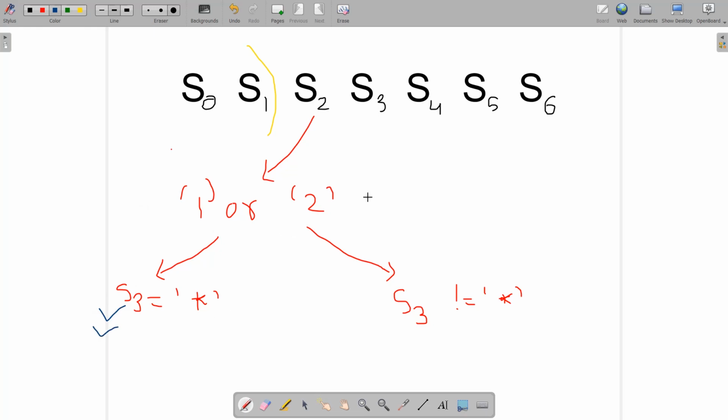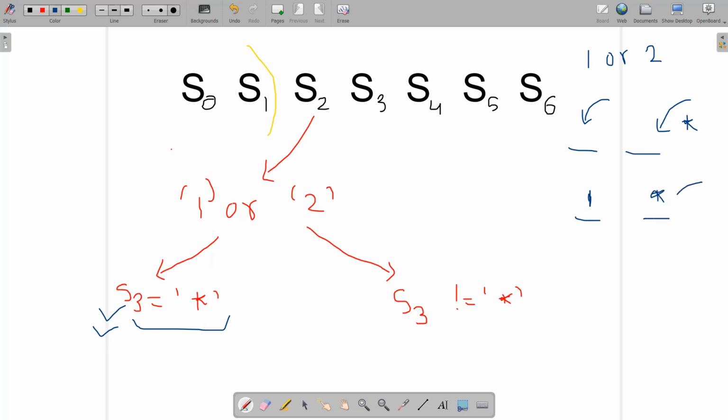Now you can see that if we're talking about this case, it is fixed that S2 is 1 or 2, and S3 is a star. Now think about this, this position consists of 1, and for this position it is a star, so there are 9 possible ways.